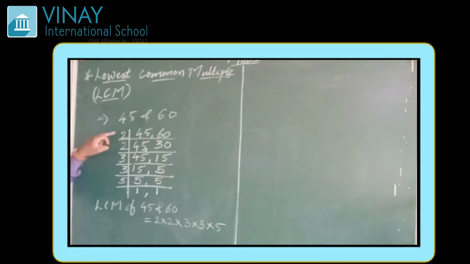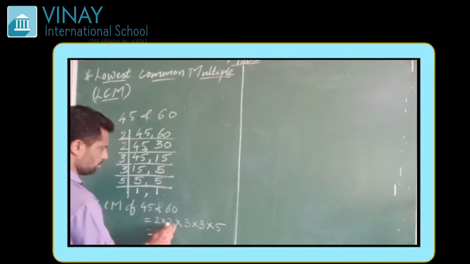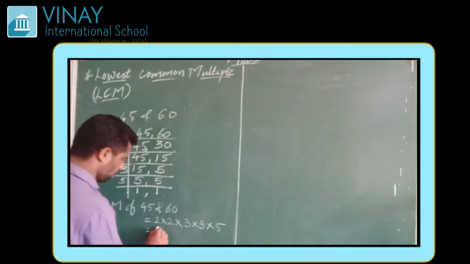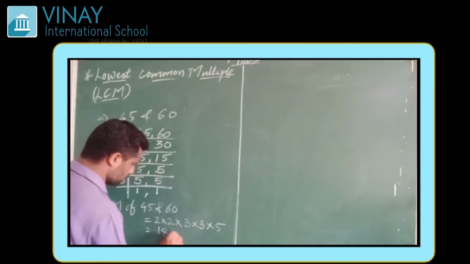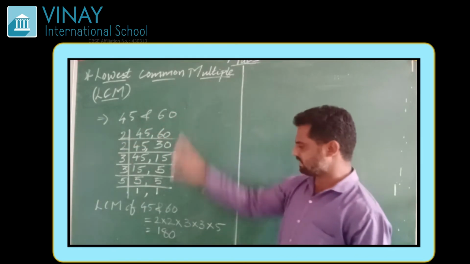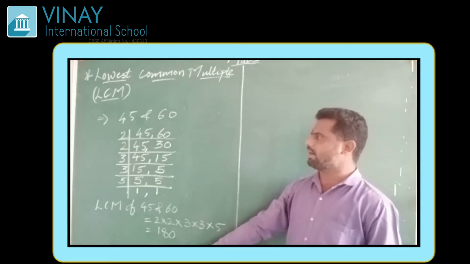So 2 times 2 is 4, 4 times 3 is 12, 12 times 3 is 36, and 36 times 5 is 180. So the LCM of 45 and 60 is 180.